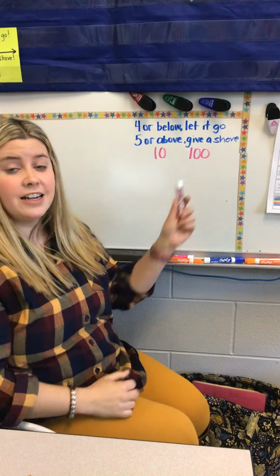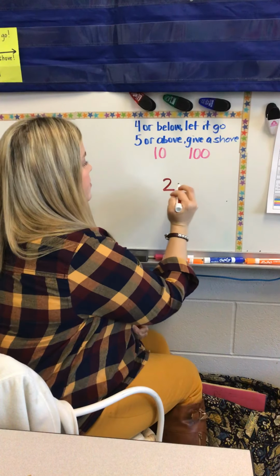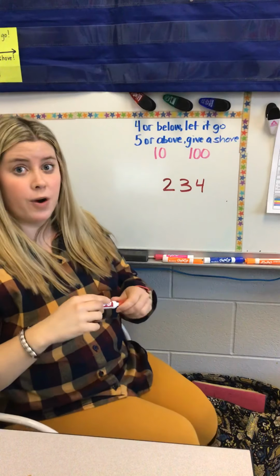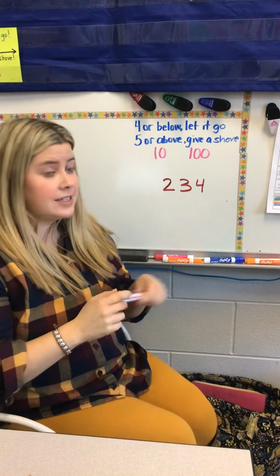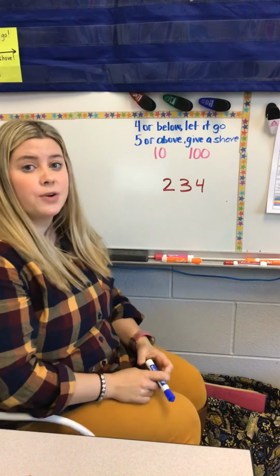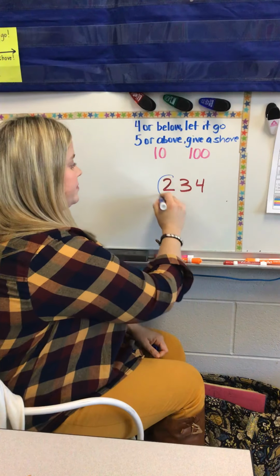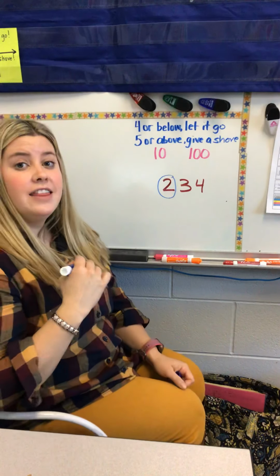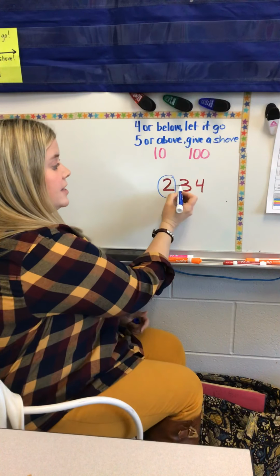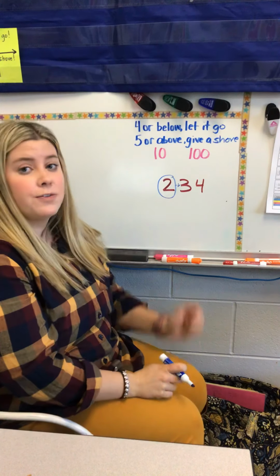Let's try rounding to 100. Okay, let's round to the nearest 100. So let's say that I have the number 234. This time I'm rounding to the nearest 100. So what place will I circle? Right, I'm gonna circle the hundreds place. Then I look at the digit to the right, my bossy digit, and it's a 3.